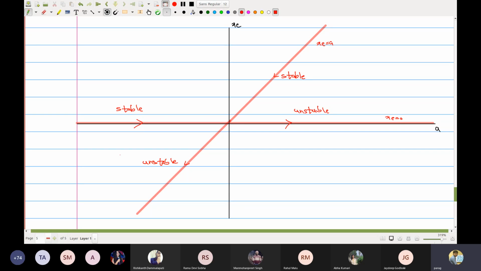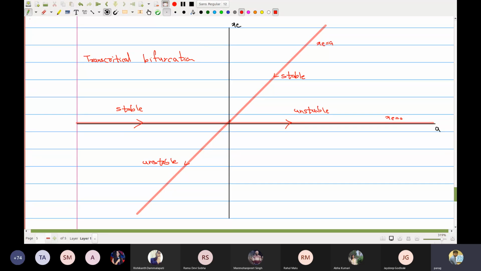This particular bifurcation diagram is very different from the other bifurcation diagrams, and it is called transcritical bifurcation. Why is it called transcritical bifurcation?